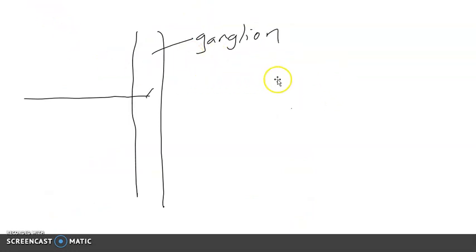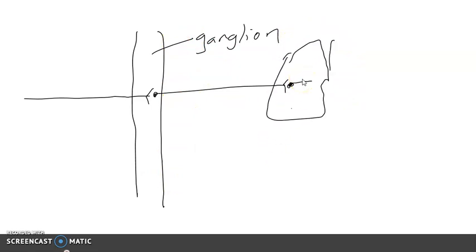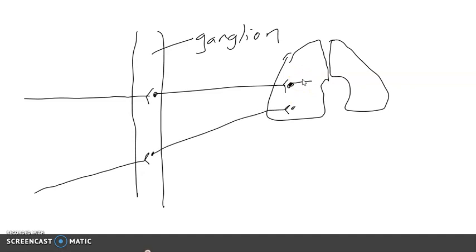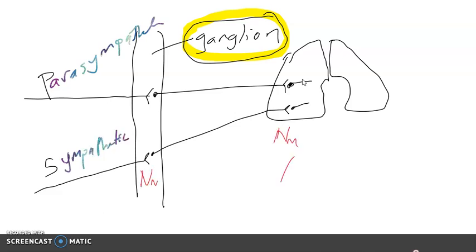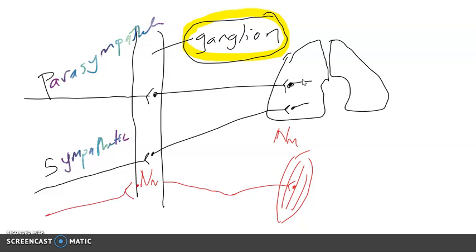So just again to recap, we have the ganglion, and then we have the target organ, and this is of course not an accurate representation of the whole thing, but just to give you a rough idea, just imagine one is parasympathetic, the other one is sympathetic.